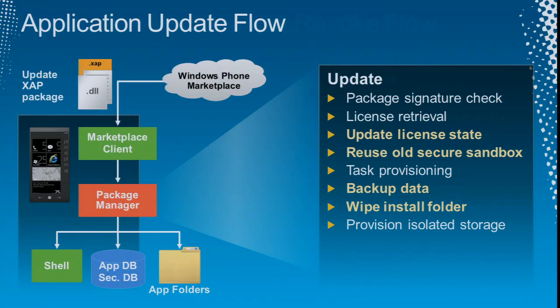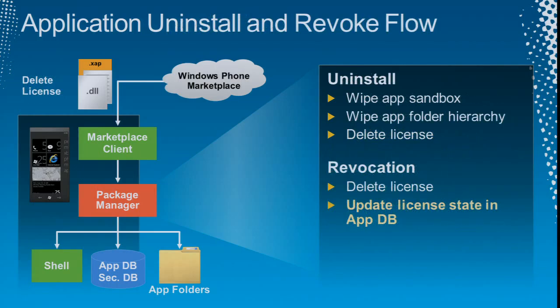which is the whole idea. All right, so here's the revoke flow. Very similar, only the revocation is updated immediately, so that the app cannot run. This is what happens when we find something untoward in the app, or some kind of inappropriate content in there.